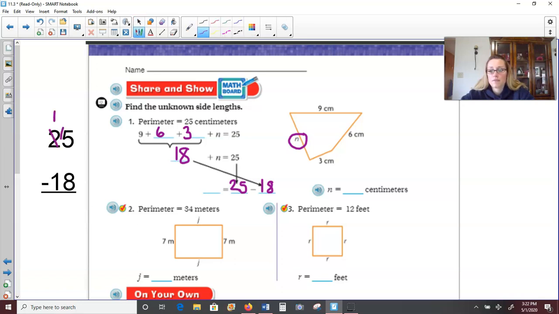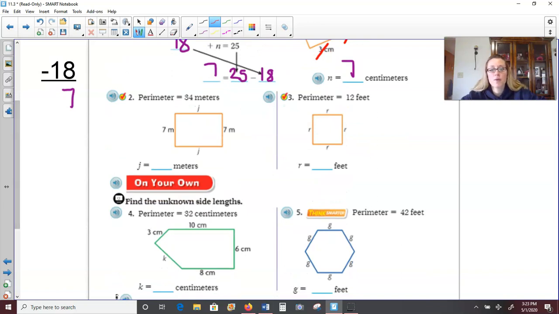This becomes 15, so 15 minus 8 is equal to 7. So the missing side length here is going to be 7. And we can test that out. 7 plus 3 is 10, plus 9 is 19, and then 20, 21, 22, 23, 24, 25. So we get a total of 25.